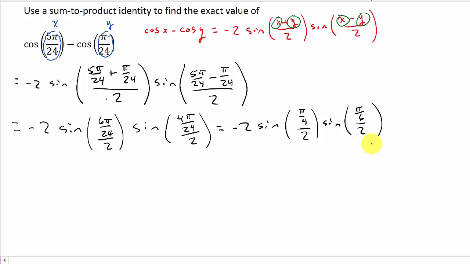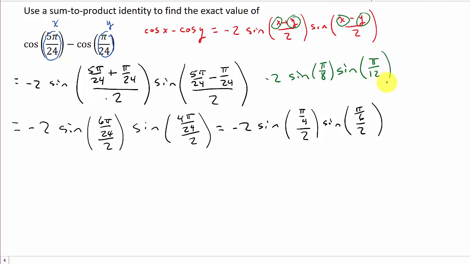Now we've got to find the exact values of these. We know this is 45 degrees and this is 30 degrees, we're just in radians. If we simplify, that's negative 2 sine of pi over 8 and sine of pi over 12.